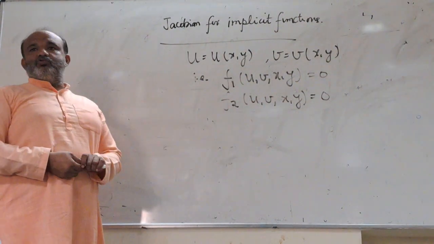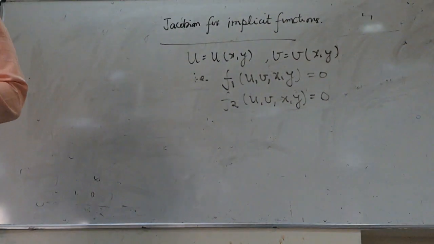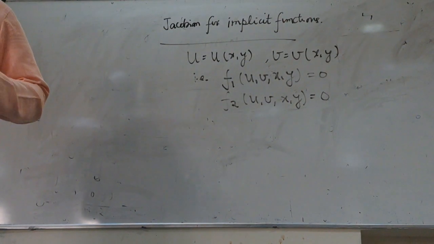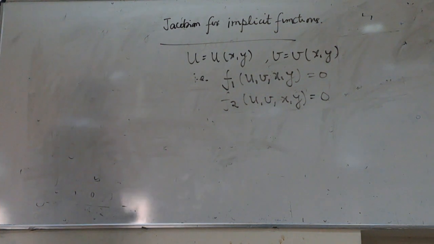So we are given two implicit functions f1 and f2, and of course they are depending upon u, v, x and y.